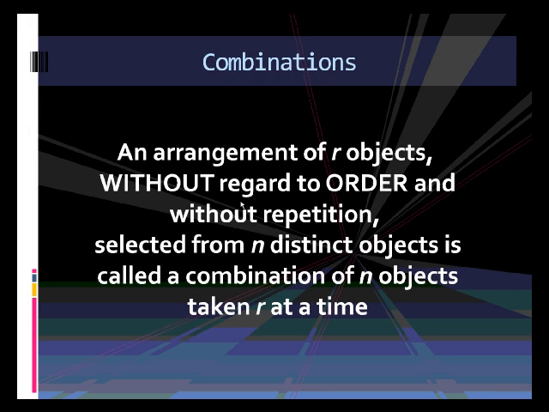So, for example, let's say we've got 20 people in here, all right, and I need to pick 2 class representatives. It doesn't matter who I pick first or second. I just need 2 representatives. Is that a combination or a permutation? Combination. We're choosing 2 people from 20.